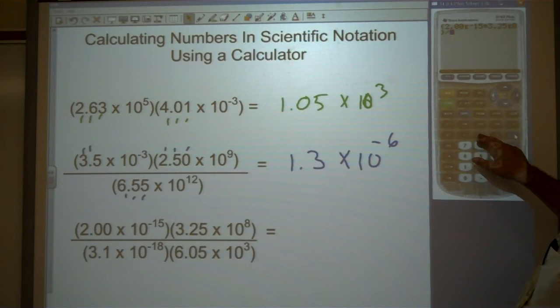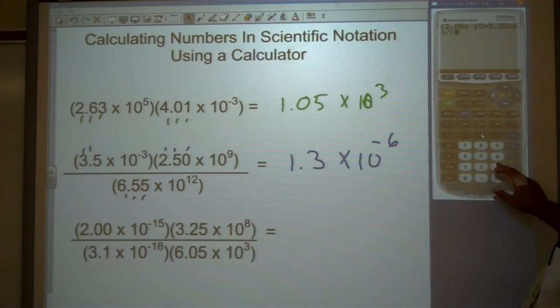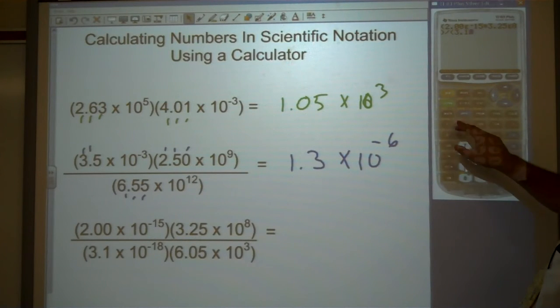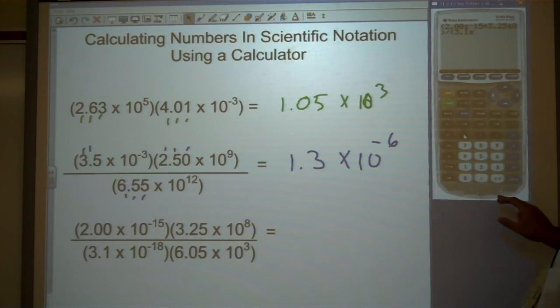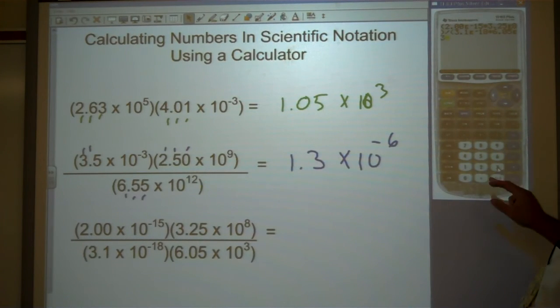This will keep the order of operations correct, and it will get the correct answer this way. 3.1 second EE negative 18 times 6.05 second EE 3. Close the parentheses, and all you need to do now is press your enter button.